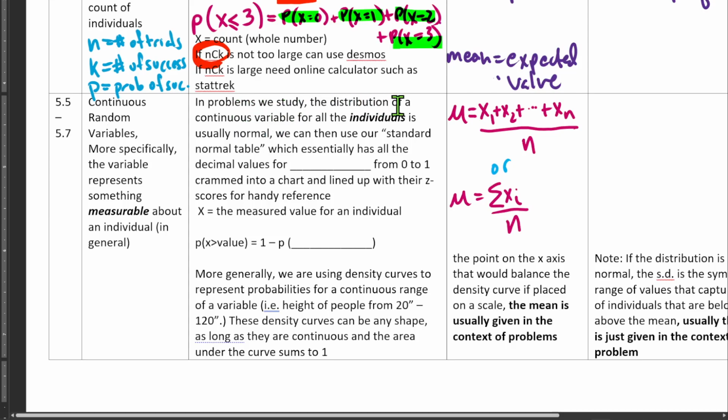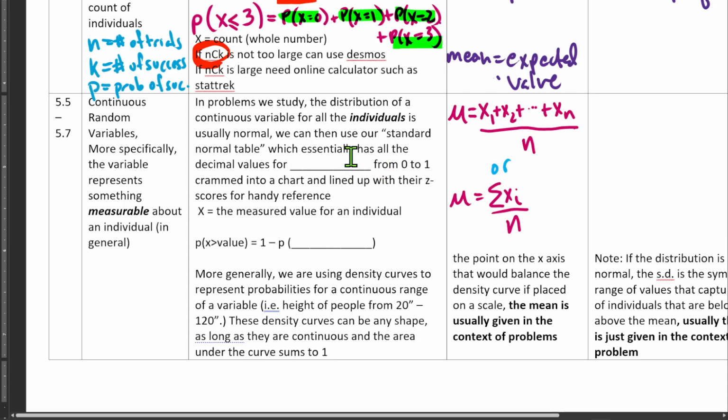In the problems we study, the distribution of a continuous variable for all the individuals is usually normal. When that happens, we use our standard normal table. That table that we've looked at so many times has z-scores on the side and then has the probabilities in the center, which essentially has all the decimal values from 0 to 1. Well, what are all those values?